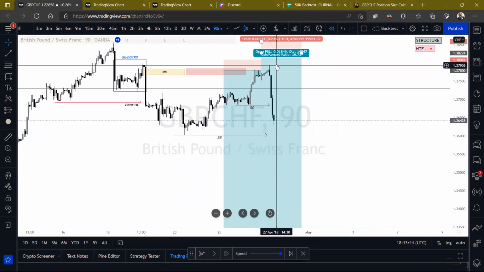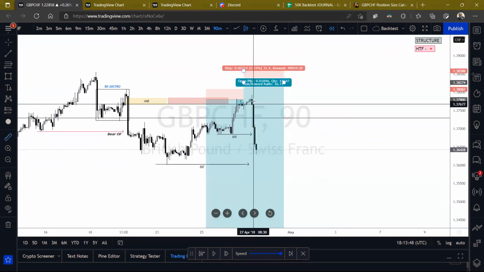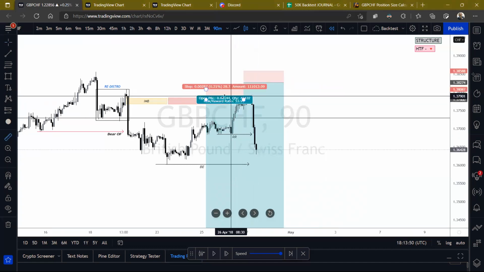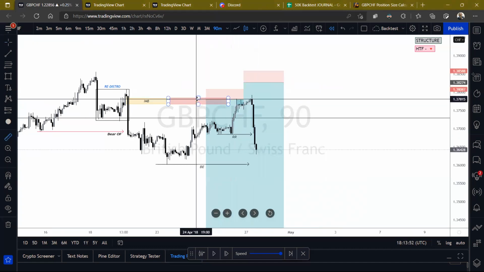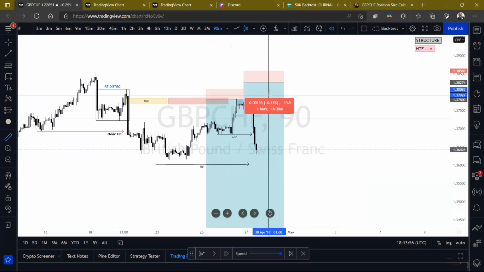Okay, so we reduce our risk from 29 pips to about 15 pips, 15 and a half.